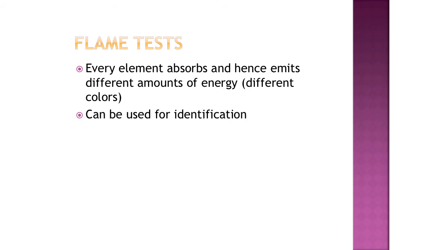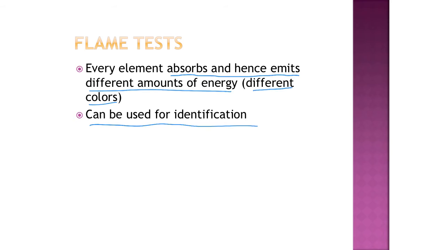So when the electrons return to the ground state, they will release energy depending upon the wavelength that's associated with that energy. We will get different colors of light. Every element is going to have different amounts between their energy levels, so they will all absorb and release specific amounts of energy, which then would have different wavelengths and produce different colors.